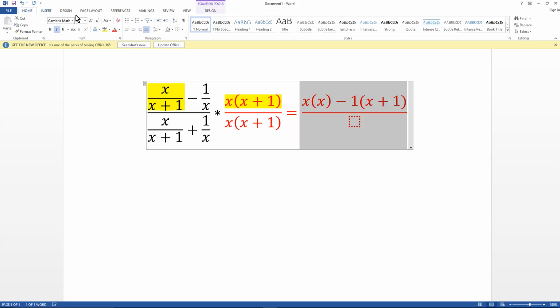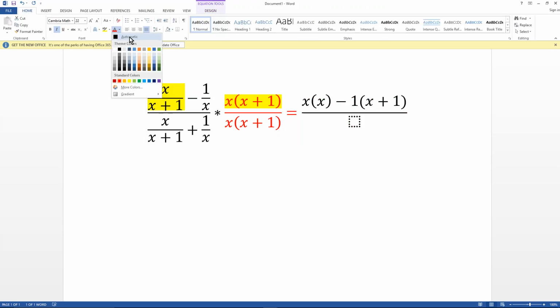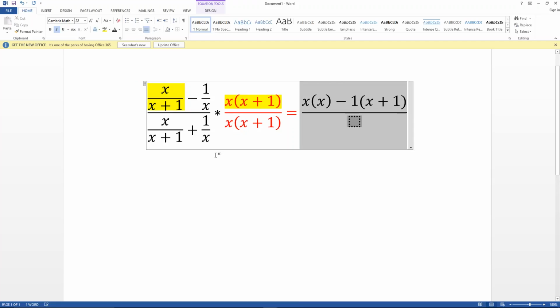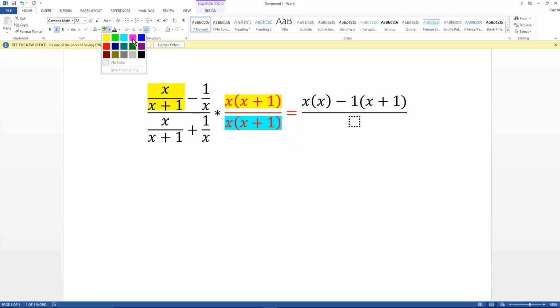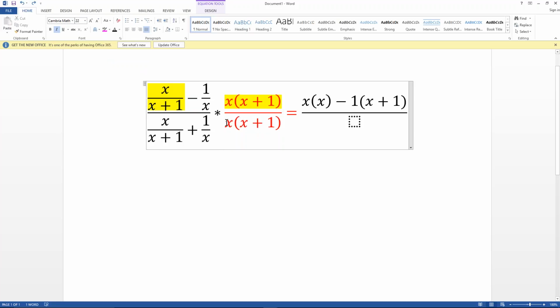All right. Now let's do the exact same thing on the bottom. Here we go. This x plus 1 multiplied times this, what happens? X plus 1 cancel out. Right. X plus 1's cancel out, leaving you just with what? X. Now what's left on the numerator?